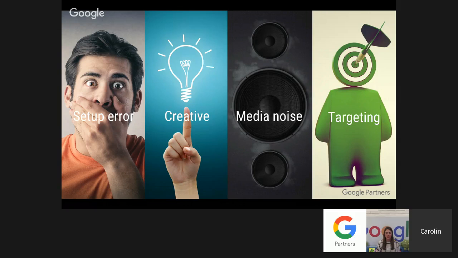Make sure when you run a brand lift and you end up having no lift in certain categories, to go through all of those 4 segments and analyze what could have gone wrong. For the creative section, it's also important to utilize YouTube Analytics in combination, because if you notice that your creative maybe wasn't responsive enough, YouTube Analytics can tell you even more about what exactly was wrong in your creative.